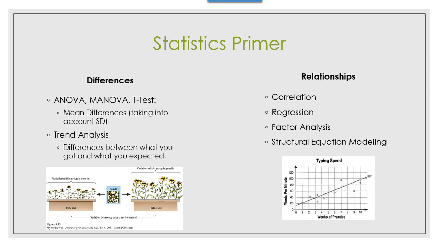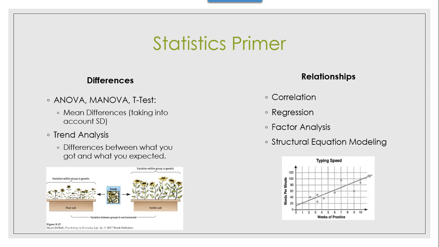Just know that if you're reading the results section and there's an ANOVA, a MANOVA, a t-test, or a trend analysis, those are looking at differences. Within the flower situation here, the seeds are the same. The only difference is whether it had good soil or fertile soil. Someone wanted to know if soil type related to a difference in growth.